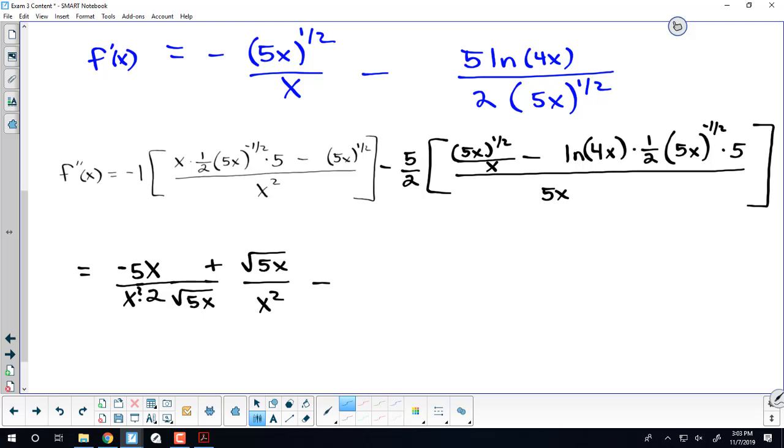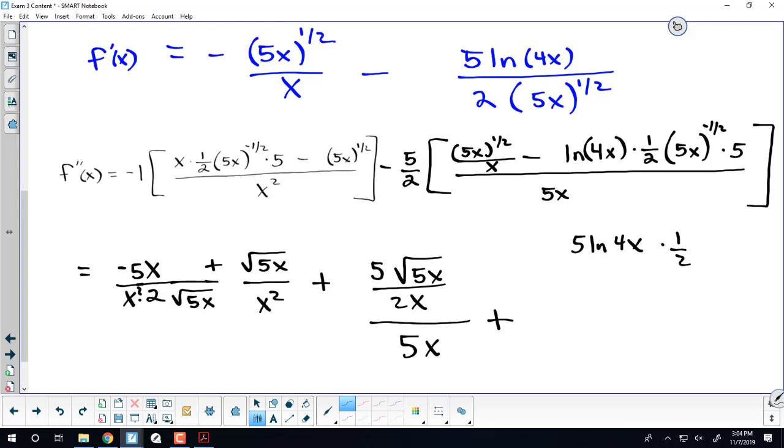What do we have here? I guess we can put our -5/2 back in. We have 5 times root 5x over 2x over 5x, plus, what do we have here, 5 ln of x times 1/2 over root 5x times 5.